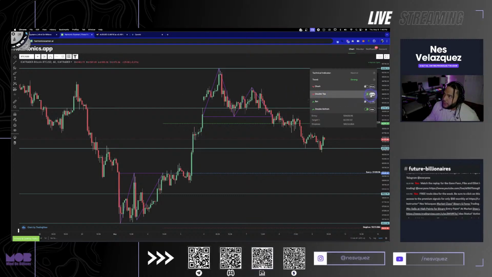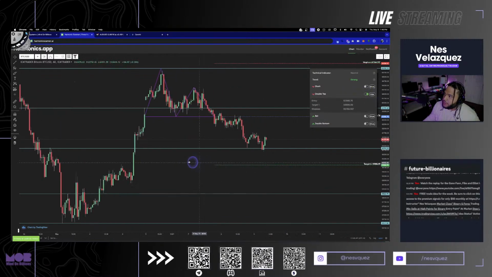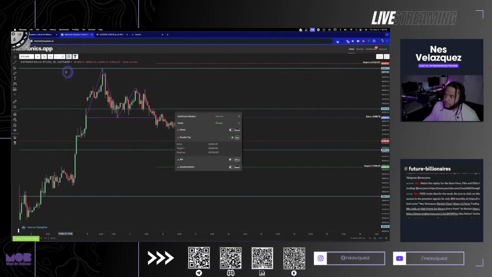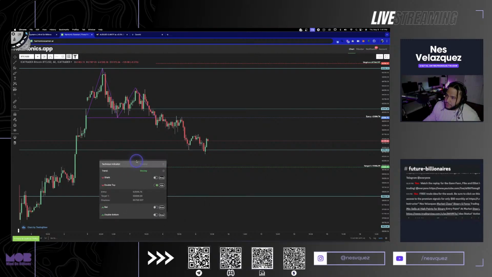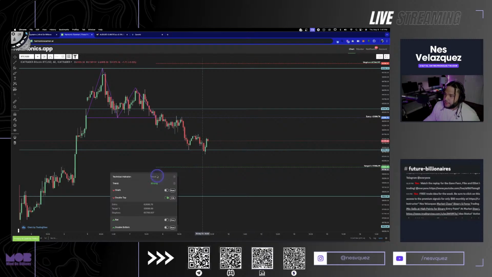So if we show the stop loss and take profit of the double top, let's show it. Entry, stop loss, take profit. It's almost at that first take profit.